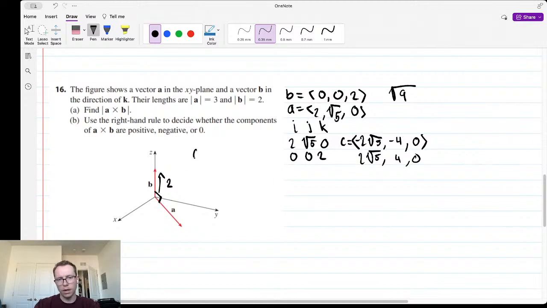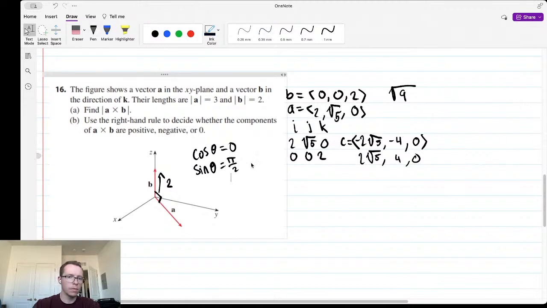So cosine of theta is going to be 0, and sine of theta is going to be pi over 2, right? I know that. But why do I need to use that?